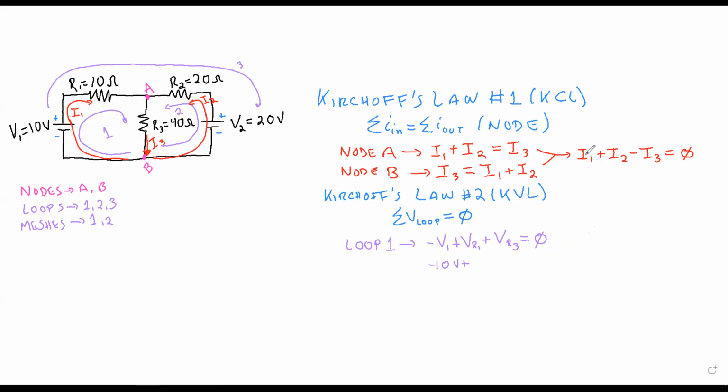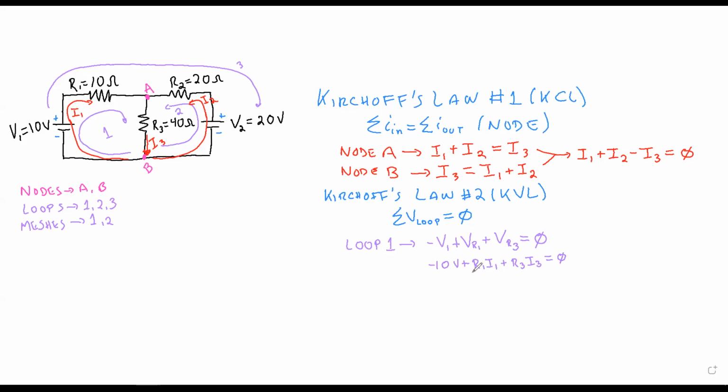We know that the voltage in a resistor is the resistance multiplied by the current because of Ohm's law. So the voltage in resistor 1 is going to be resistor 1 multiplied by current 1. Those currents are the ones we're going to find. And lastly, the voltage in resistor 3 is going to be resistor 3 multiplied by current 3, and this is still equal to 0.